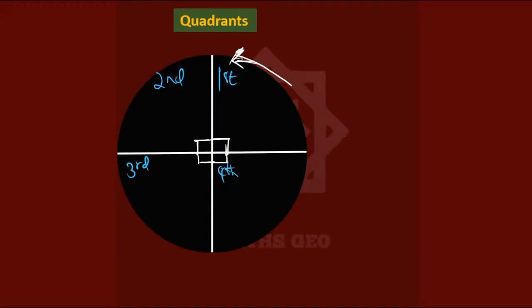We should know that all the trig functions are positive in the first quadrant. Whether sine, cosine, tan, sec, cosec, cot, they are all positive. The angles between 0 and 90, any angle within the range of 0 to 90, are in the first quadrant.